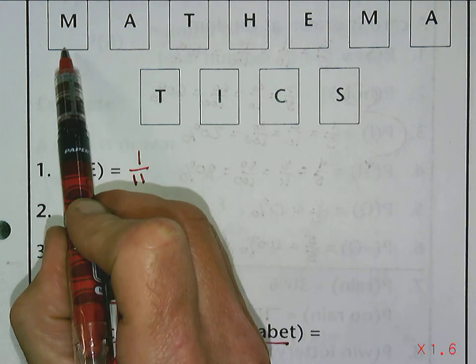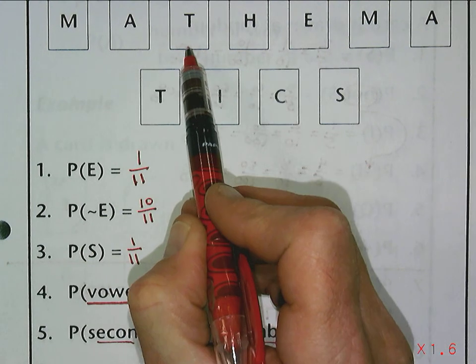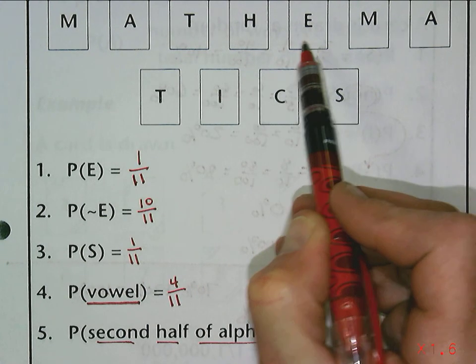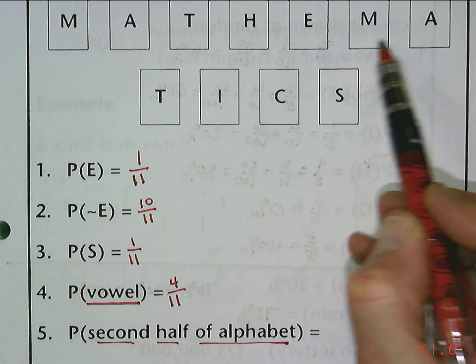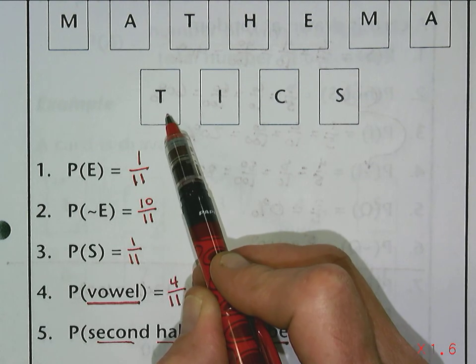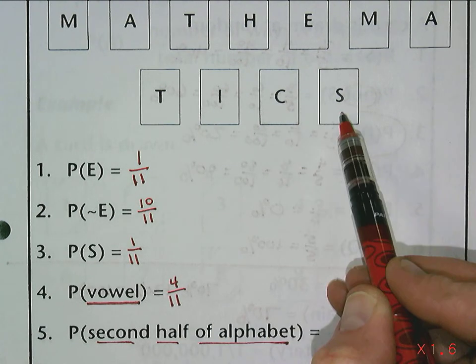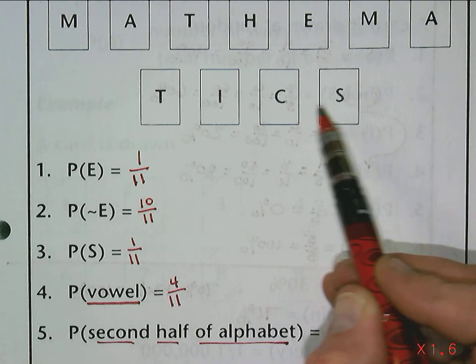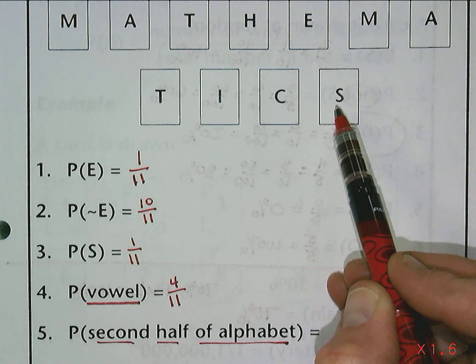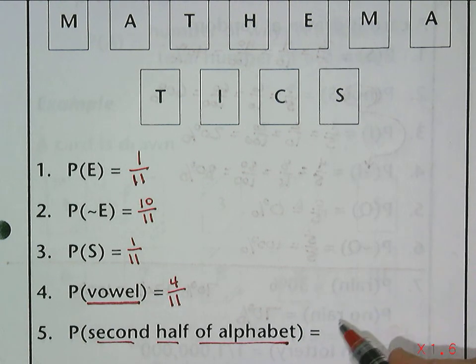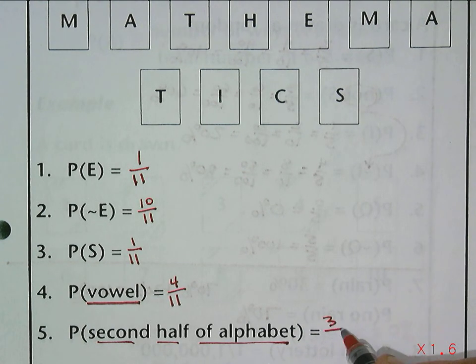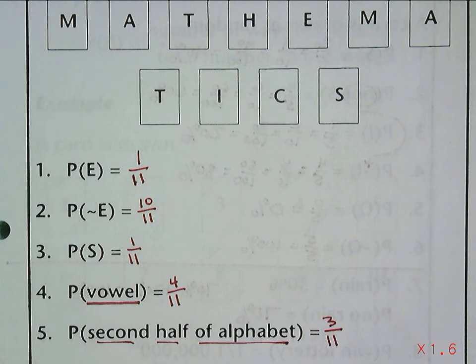So looks like first half, second half, first half, first half, first half, first half, second half, first half, second half. So we have a T, another T, and an S that are in the second half. So that's 3 out of 11 that are in the second half of the alphabet.